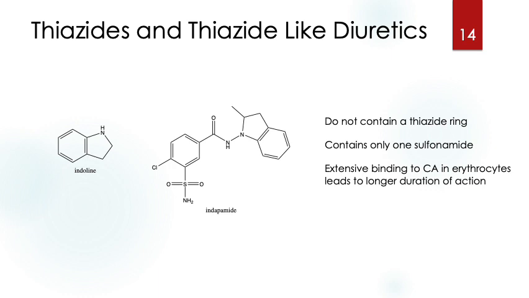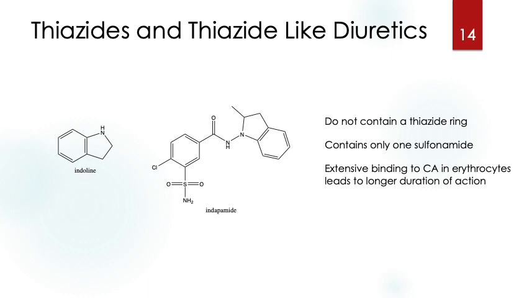As a medicinal chemist, we tend to be a little pickier. But as a practicing pharmacist, really what I'm concerned about is the effect that the drug is going to have. So for all intents and purposes, those drugs can be lumped into the same category and be called thiazide drugs because they have the same mechanism of action as the original thiazide drugs that were designed.